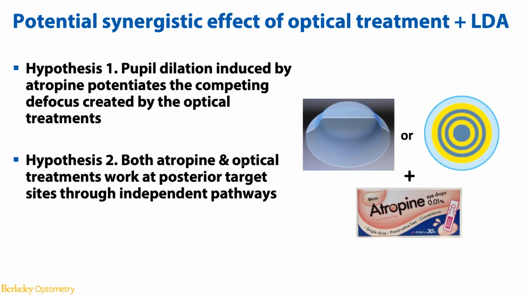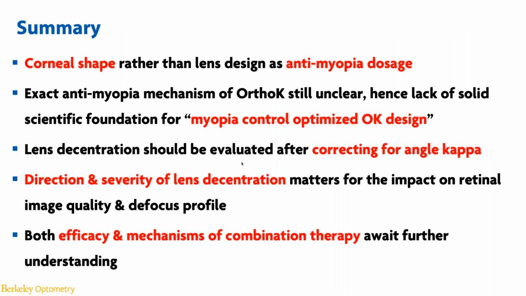to really understand better. So to conclude, in the future, for any long-term anti-myopia studies, we want to pay closer attention to the actual change in corneal shape, rather than assuming that whatever design change we put on the lenses can be reliably transferred to the cornea.